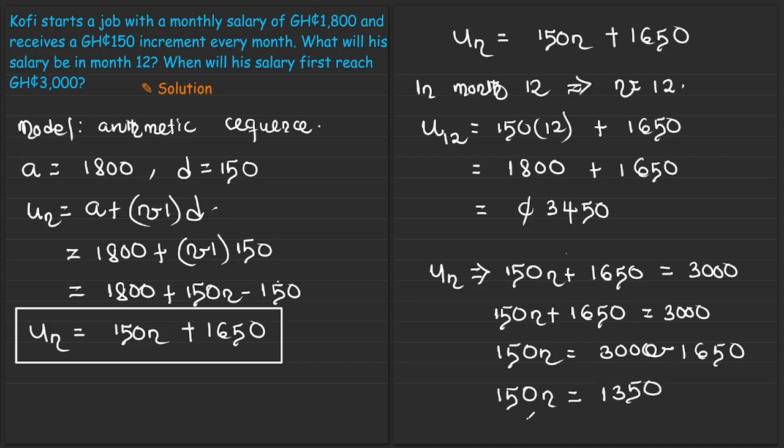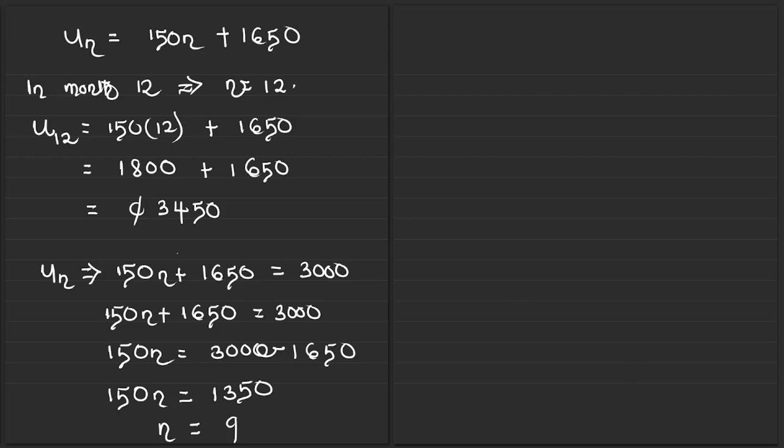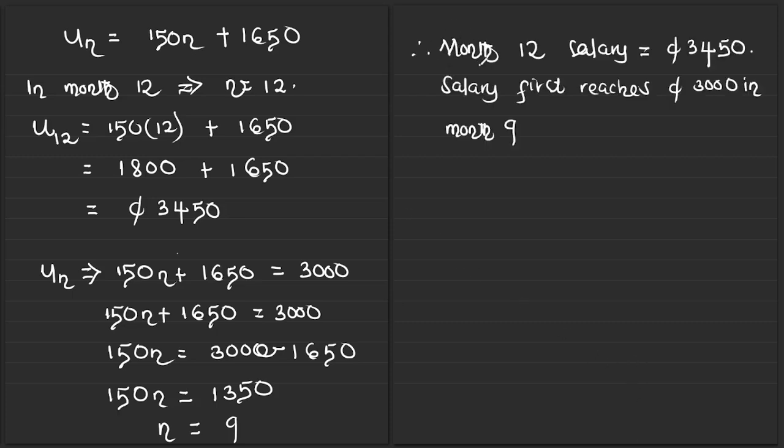Then all we need to do is divide both sides by 150. So we have n equal to 9. So we form our conclusion. Therefore, the month 12 salary is 3,450, and the salary will first reach 3,000 in the 9th month. As simple as that. So let's look at our second question.